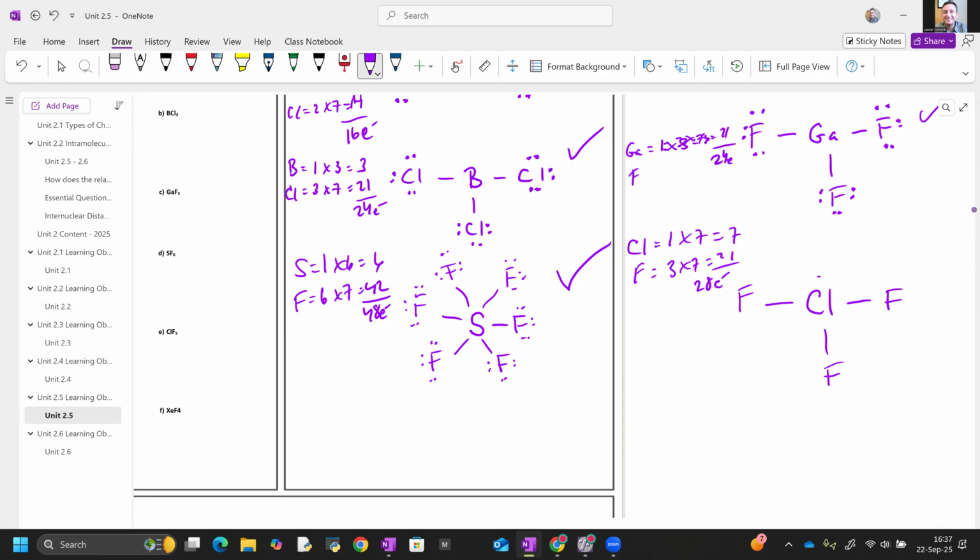So we're going to show 2, 4, 6, 8, 10, 12, 14, 16, 18, 20, 22, 24, and then we got 2 lone pairs of electrons to go. So we're at 24, and this would be 26 and 28.